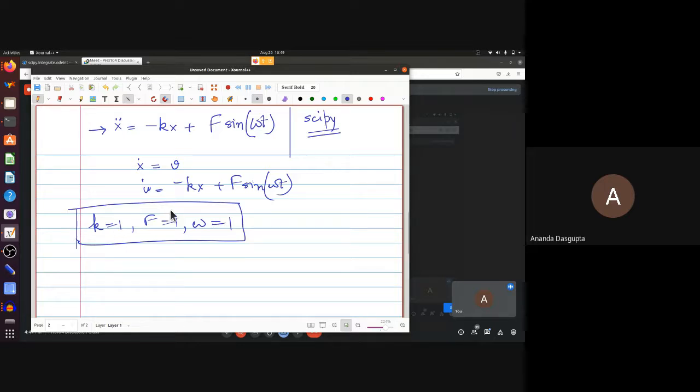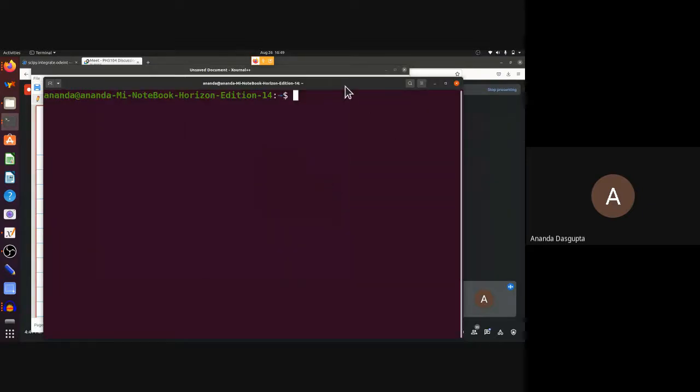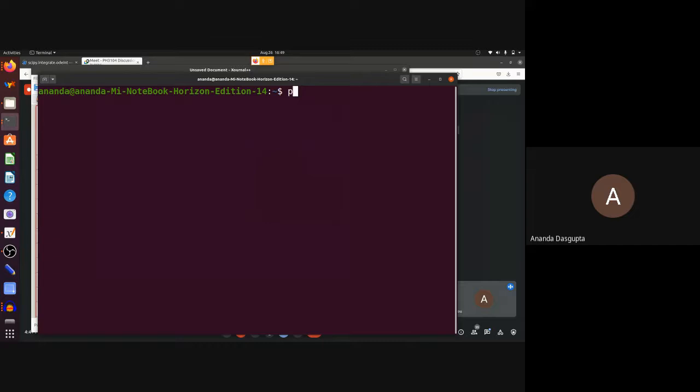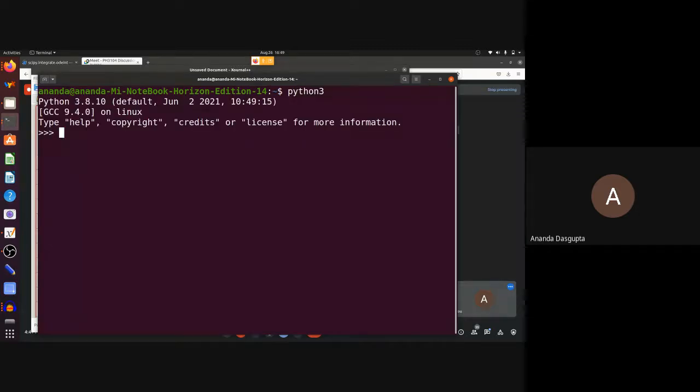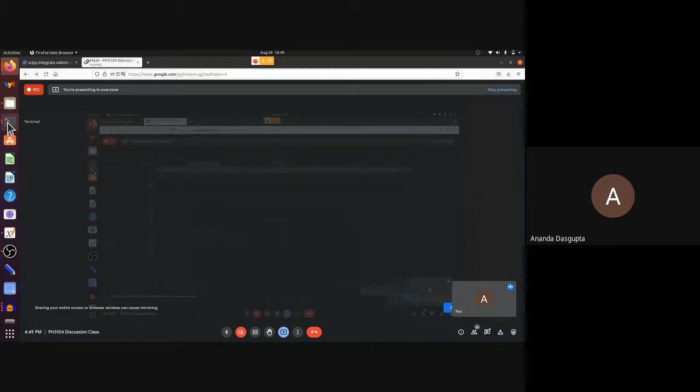Now, let me show you how you would solve this using scipy. Okay, this should be pretty easy to see, right? You can all see this? Yes, sir. Now, it would have been great if I had a program written down, okay? But I don't.